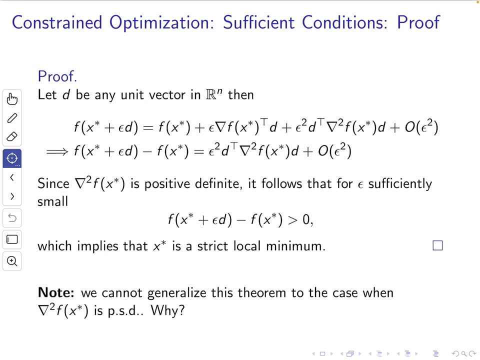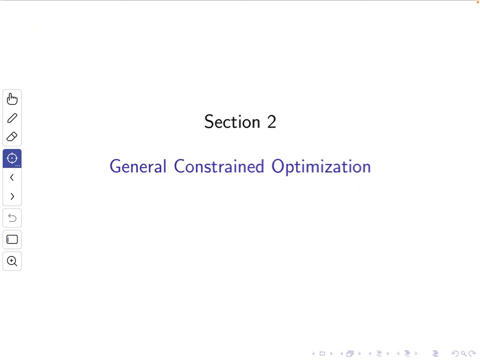This says we cannot generalize this theorem to the case when this is positive semi-definite. And why is that? If this is positive semi-definite, then we may have a 0, and then the third order term up here could be positive or negative. And so we can't guarantee that it's going to be positive definite.